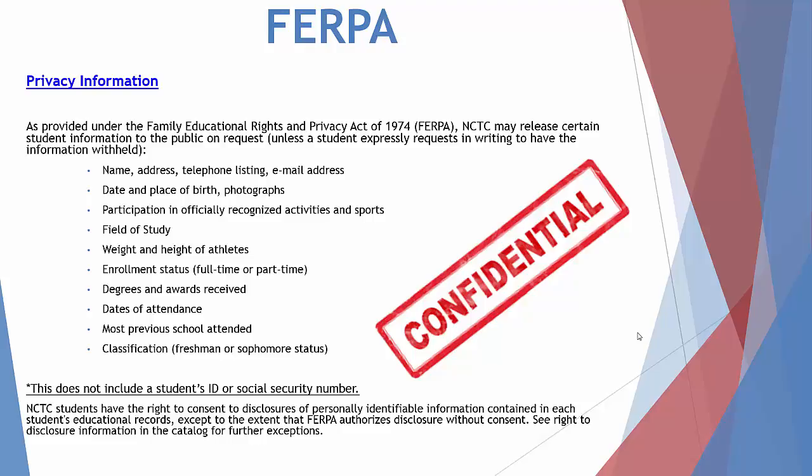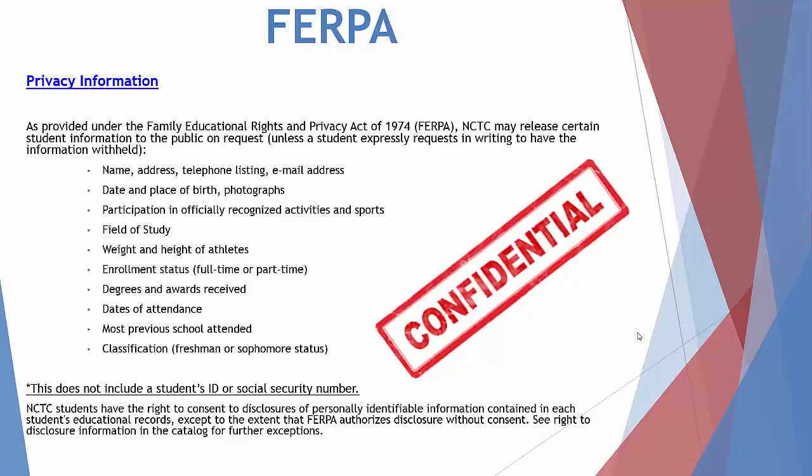As provided under the Family Education Rights and Privacy Act of 1974, also known as FERPA, NCTC may release certain student information to the public on request, unless a student expressly requests in writing to have the information withheld.